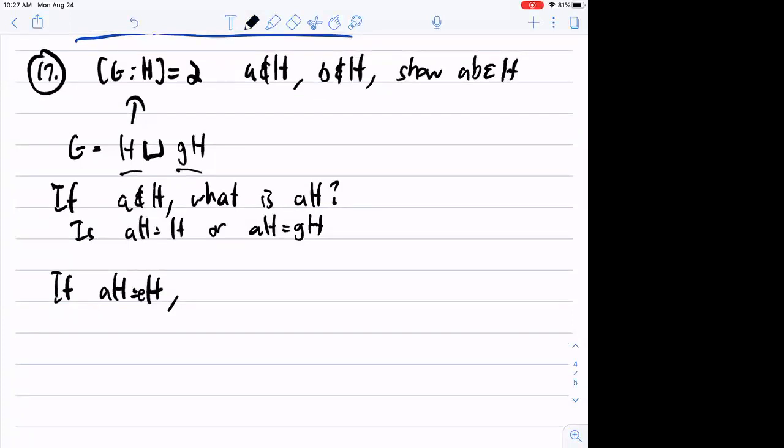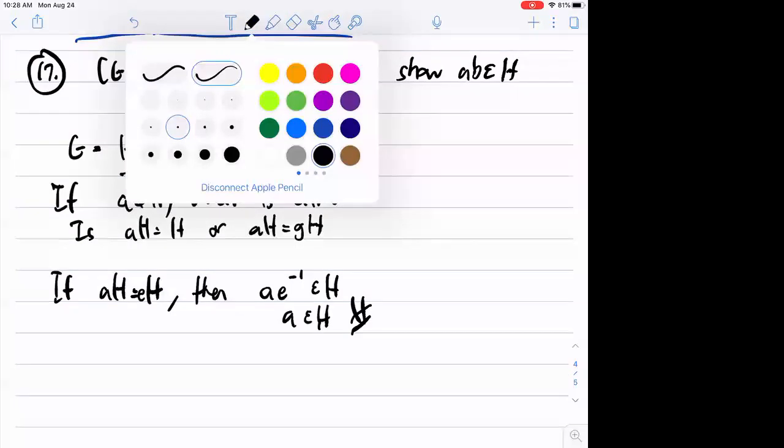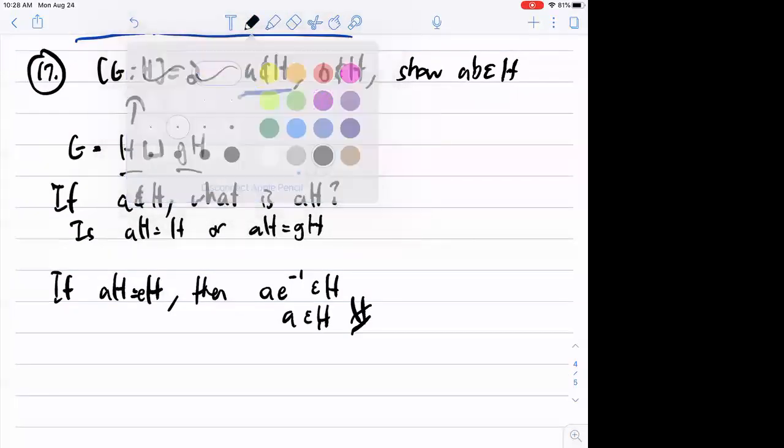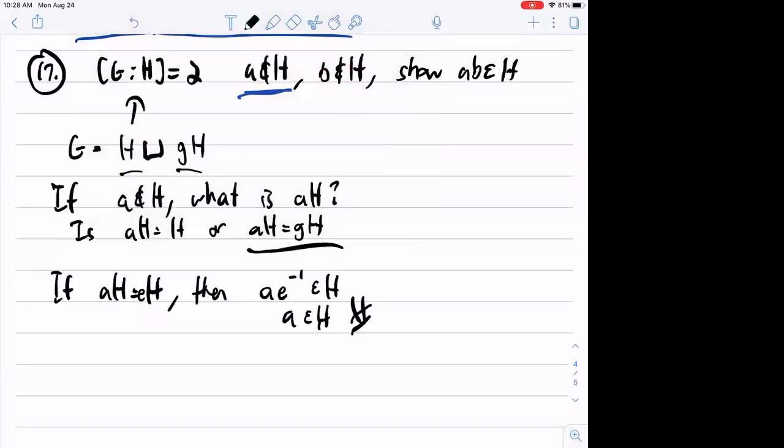The inverse of E is just E, so then A E inverse is an H. But this means A is an H, right? Because E inverse is E and A times E is A. So this can't happen, right? Because we assumed that A did not belong to H. So it must be the latter.